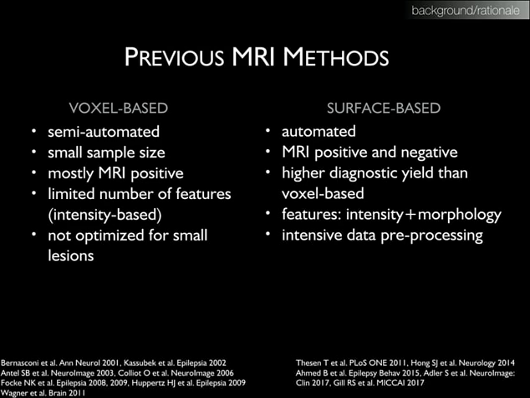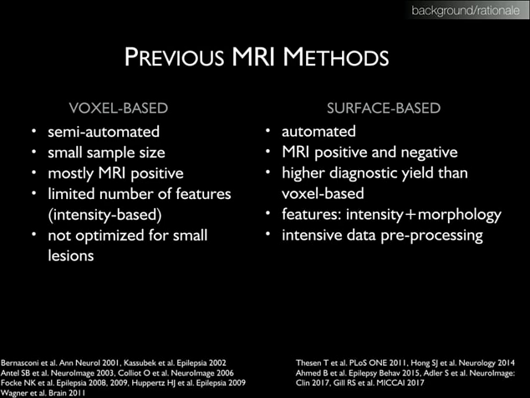So with the advent of surface-based methods, which model the cortex as a 2D surface manifold, there was an increase in the diagnostic yield. The methods were automated. They used machine learning. The cohorts were mixed positive and negative MRI. And features were based on intensity and morphology, where the 2D manifold was used to extract the features.